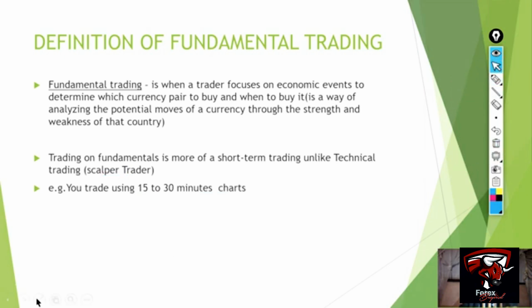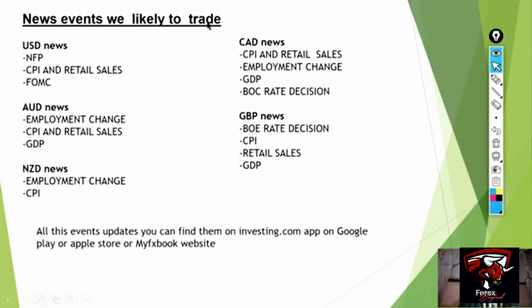Okay. News events we are likely to trade. The news events we are likely to trade occur on the macroeconomic indicators, meaning the overall view of the economy. Firstly, we have the so-called USD news. Firstly, we have the NFP. The NFP stands for the non-farm payrolls.